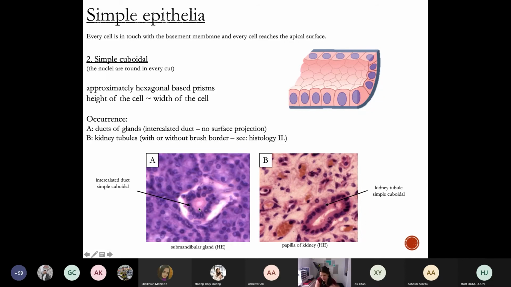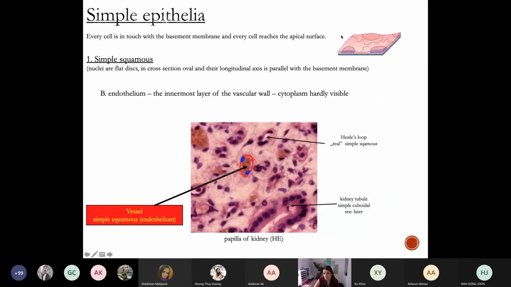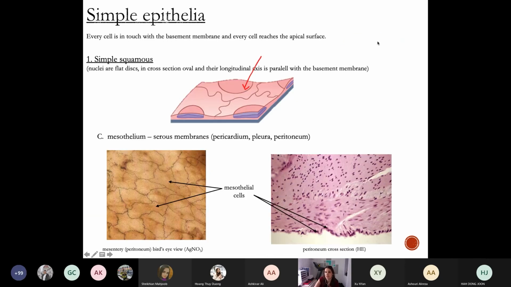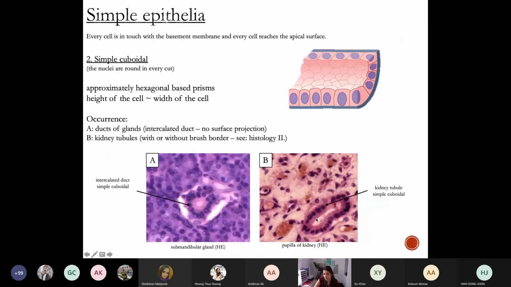About the surface projections, we talked last week: the microvilli, the kinocilia, and the stereocilia. On a simple squamous epithelium, we never have any surface projection. On a simple cuboidal epithelium, we can have microvilli on the surface. But because they are so tiny, we usually won't be able to see them. With this we will deal later on.